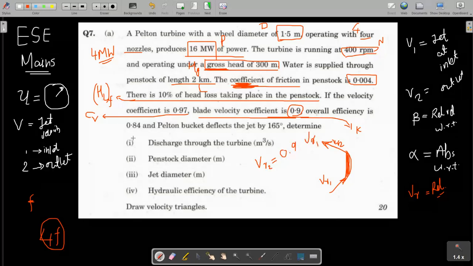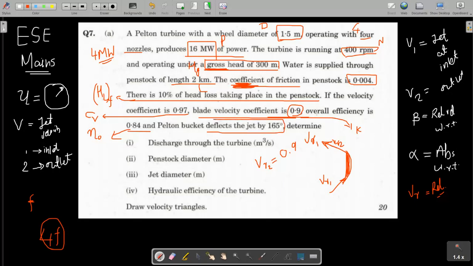And overall efficiency is 0.84. So overall efficiency is given to us, and the bucket deflects the jet by 165 degrees. I have already explained in my previous video that if this angle is greater than 90 degrees, then subtract it from 180.